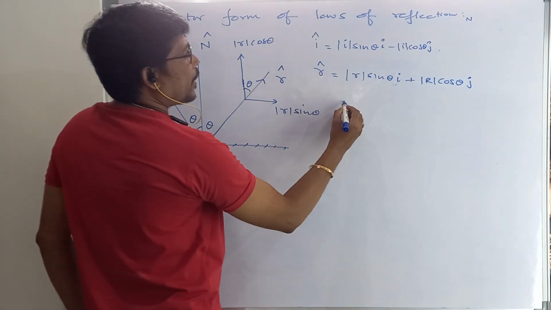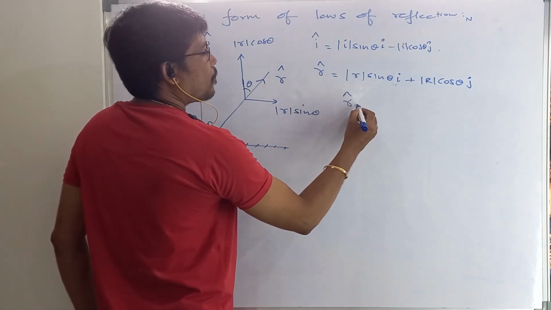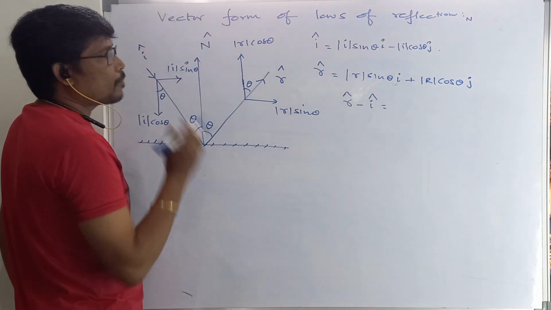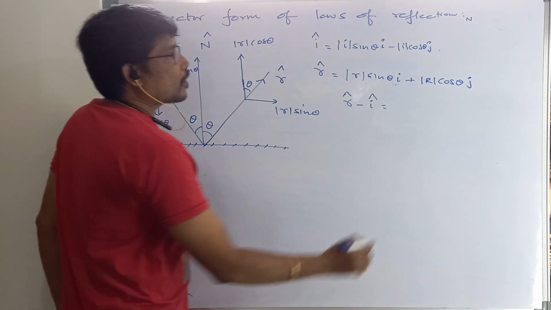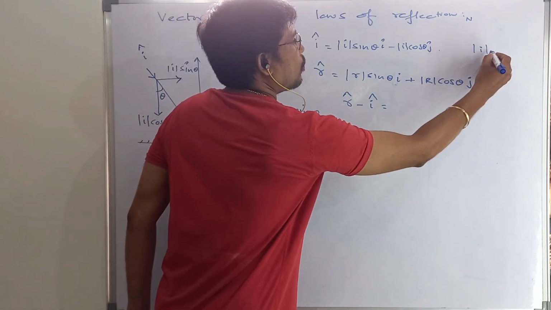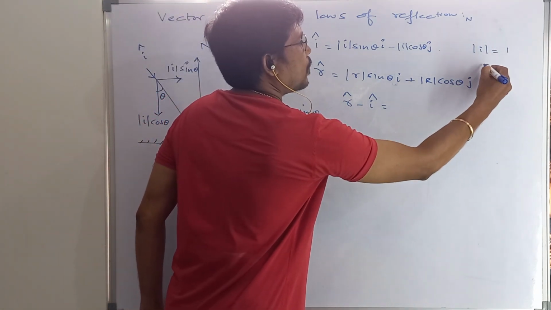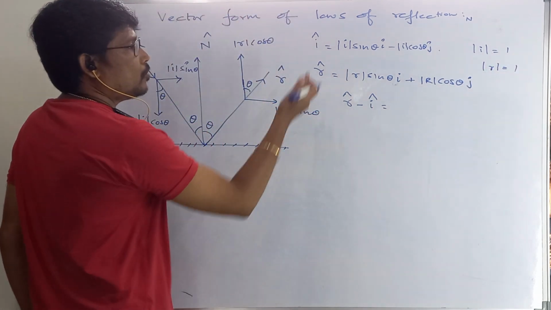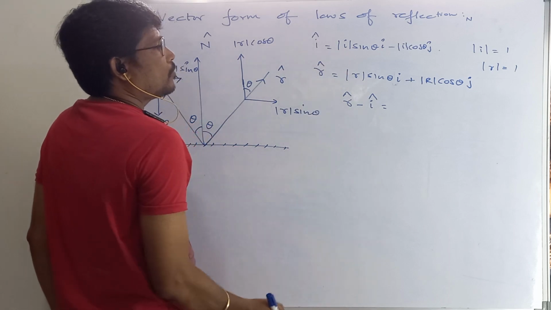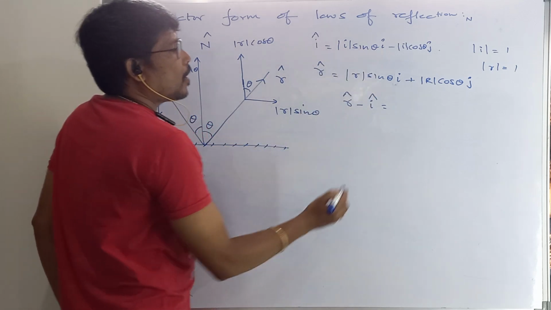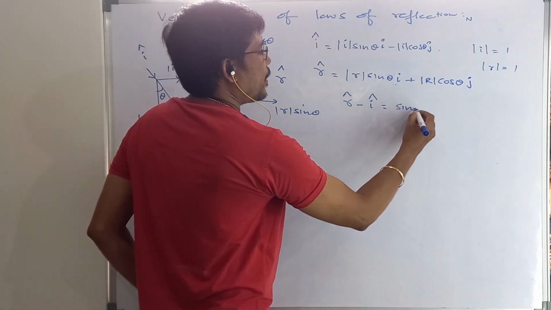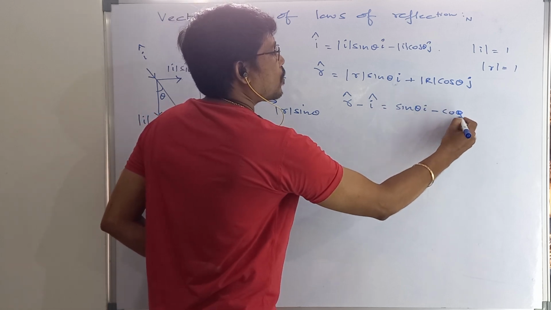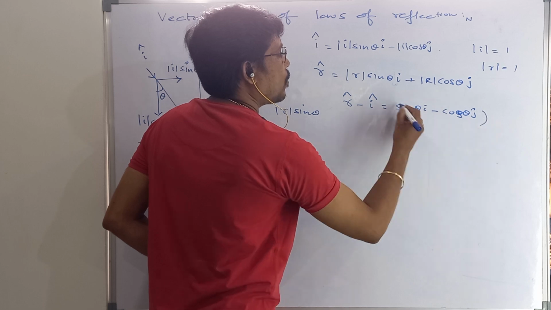Now you can subtract r cap minus I cap. You know this is a unit vector, so unit vector modulus of I is 1. Similarly for reflected vector it is equal to 1. So unit vector, its magnitude is 1. So this is sin theta i minus cos theta j.